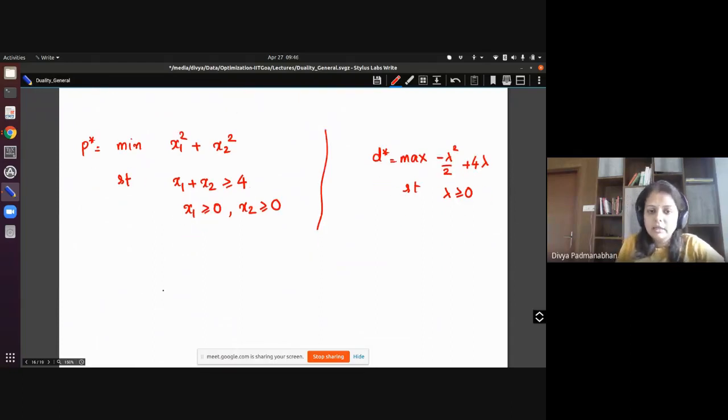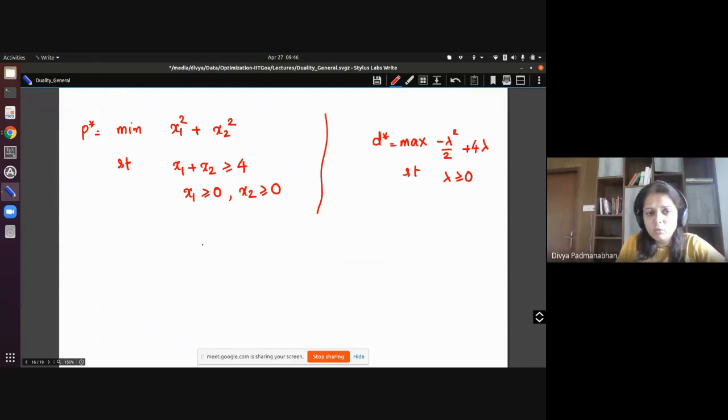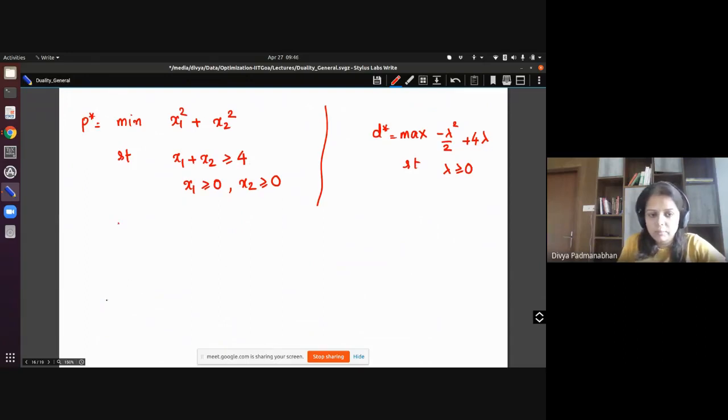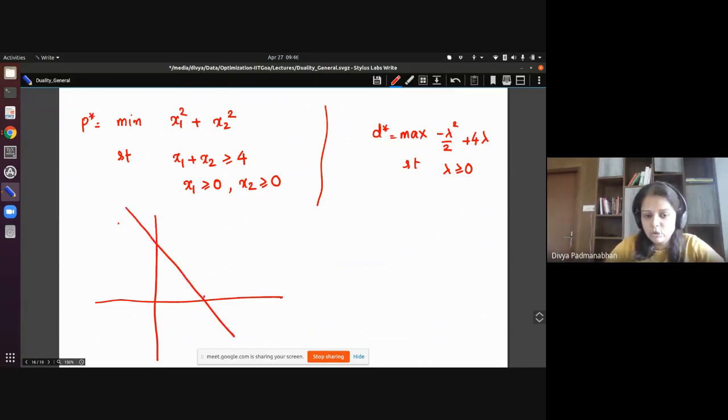In terms of the primal feasible region, x1 plus x2 greater than or equal to 4 corresponds to a half space. And the feasible region is everything which was greater than or equal to 0, so basically all of this.